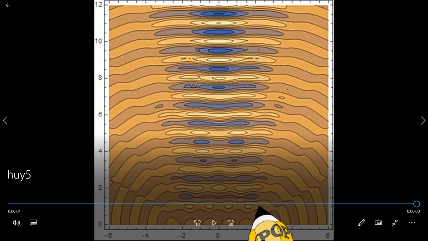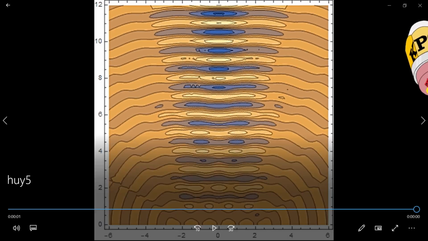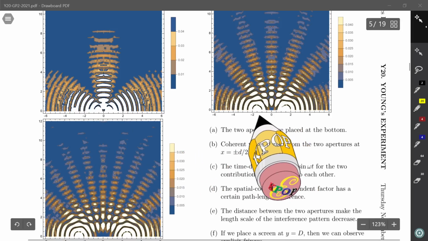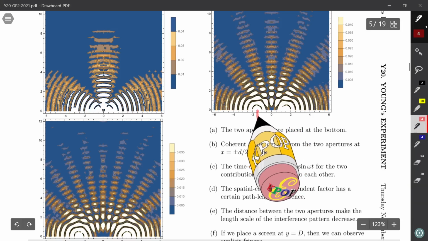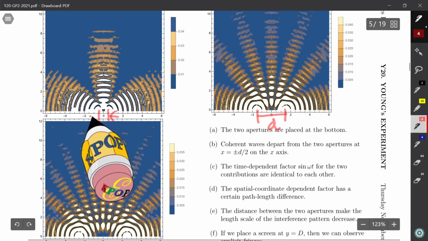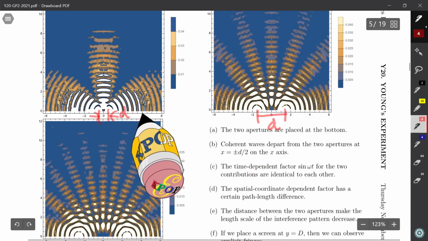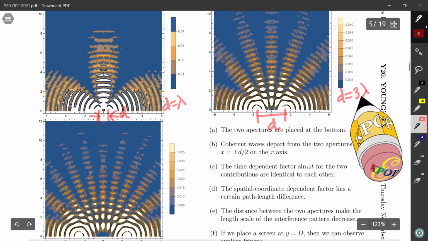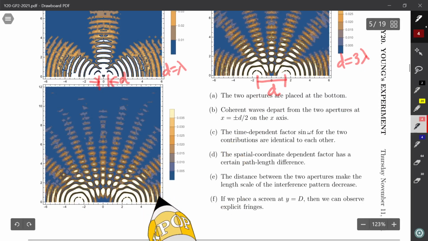That means that was a single slit experiment with a very large hole, but Young's experiment uses two tiny holes that are separated by distance d. This is d, where lambda is the wavelength.